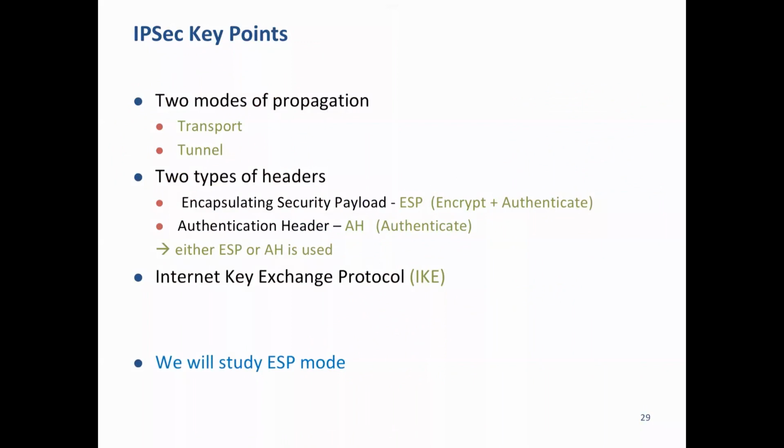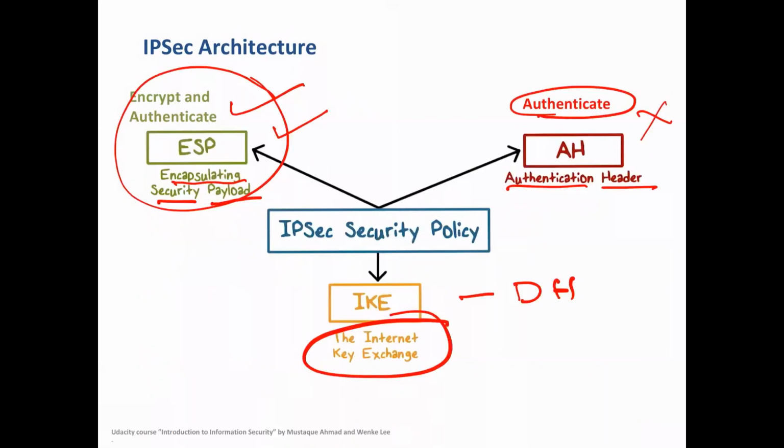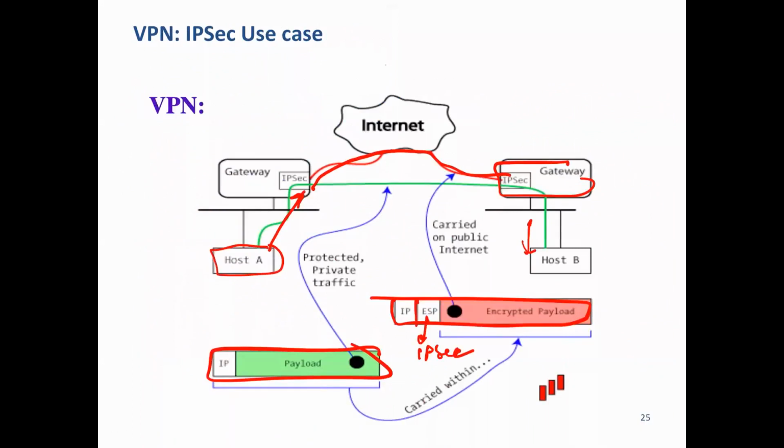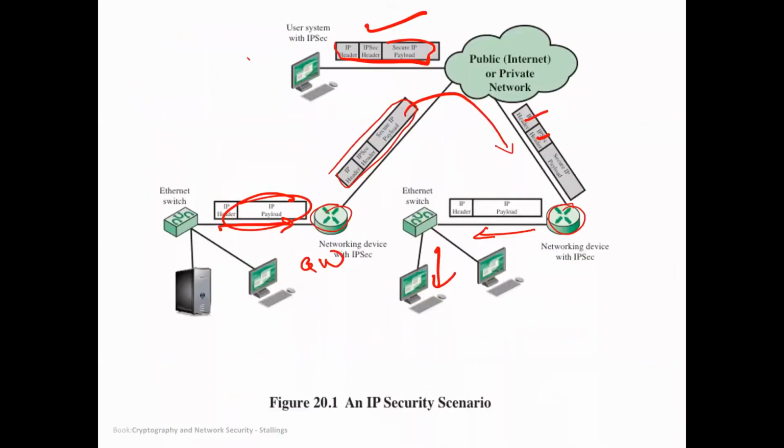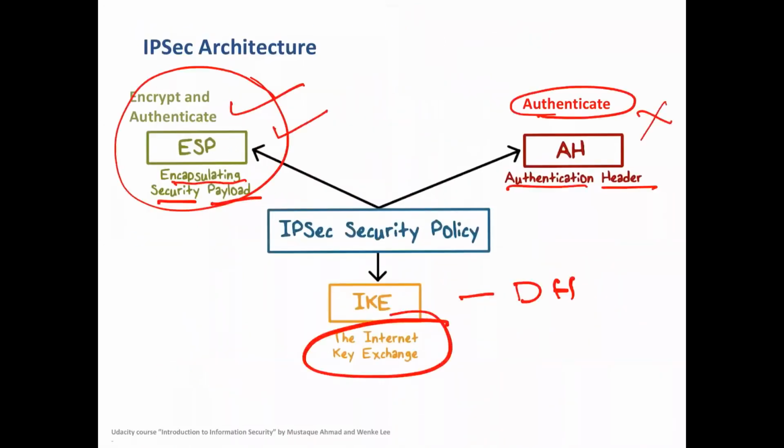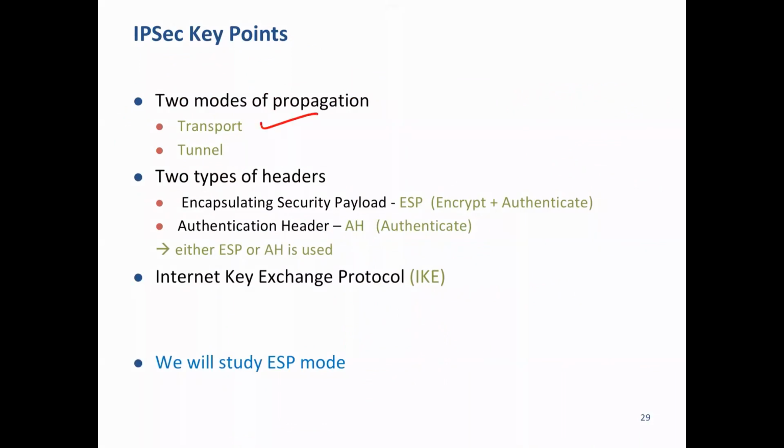Okay. Now we have seen two modes of operation. When the machine can generate the IPSec packet, that's called transport mode. And the one where the gateway will generate the IPSec packet, that's called tunnel mode.